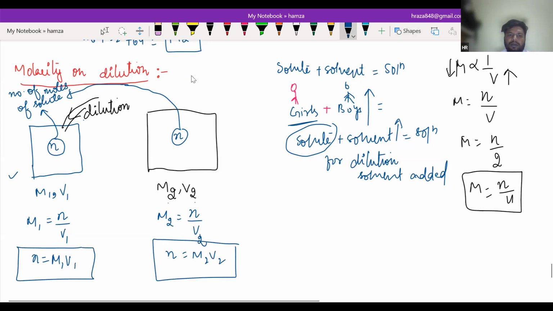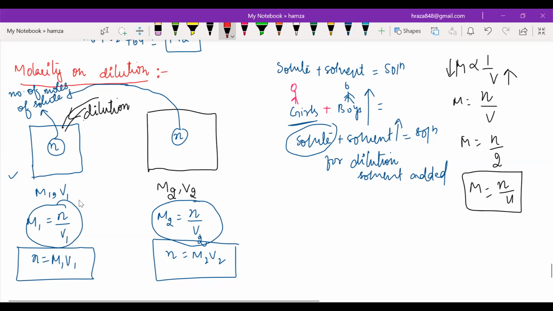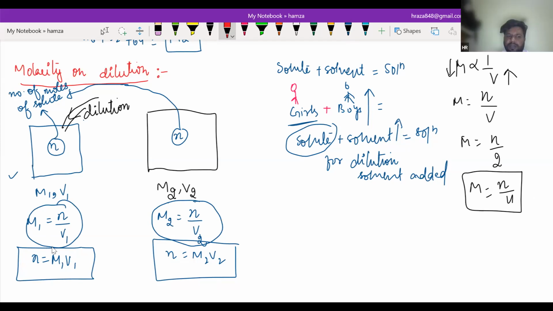Now, are you getting it? M1 is equal to n upon V1, M2 is equal to n upon V2 or not? Are you getting it or not? Yes, sir. And after solving this, n is equal to M1 V1, n is equal to M2 V2, and you can see M1 V1 is the value of n, the number of moles of solute.